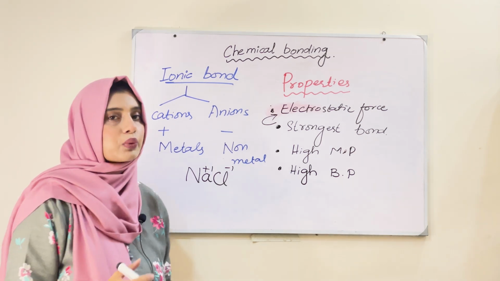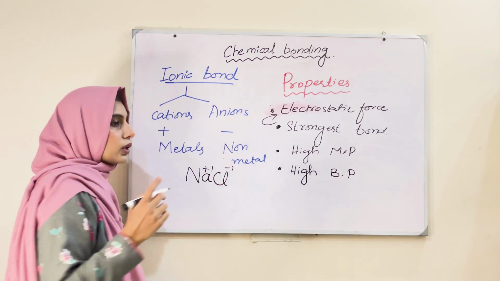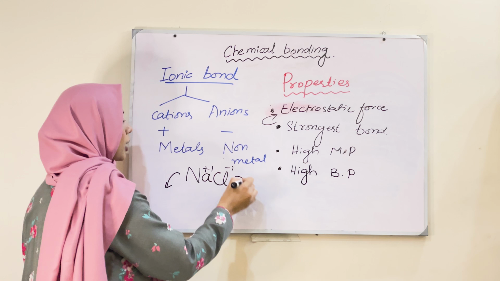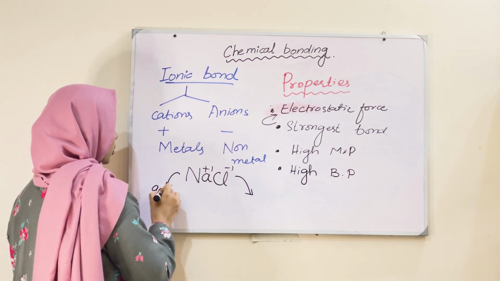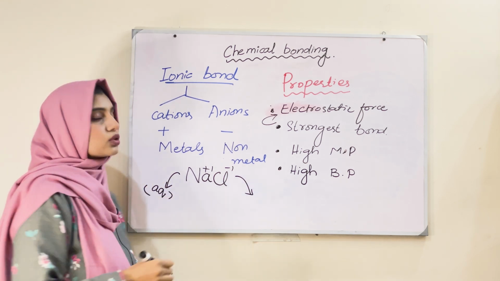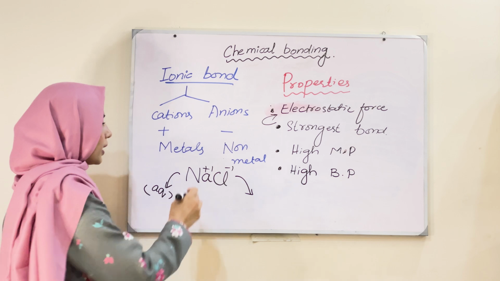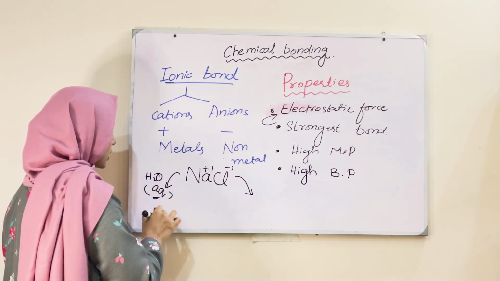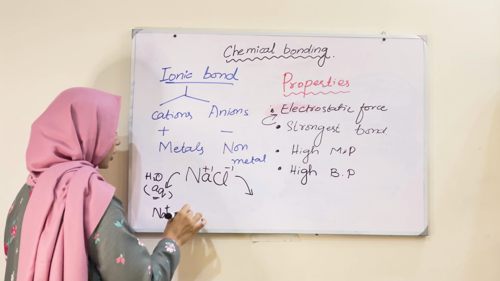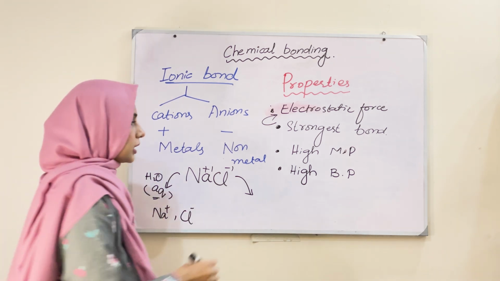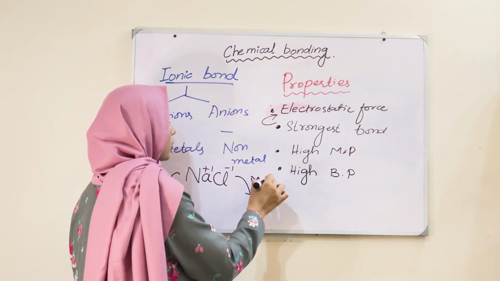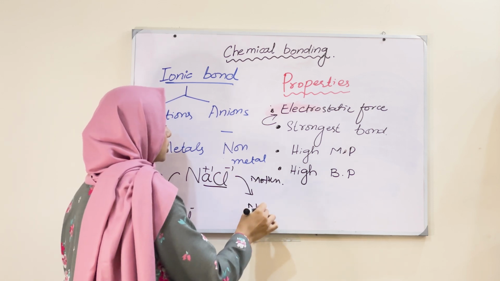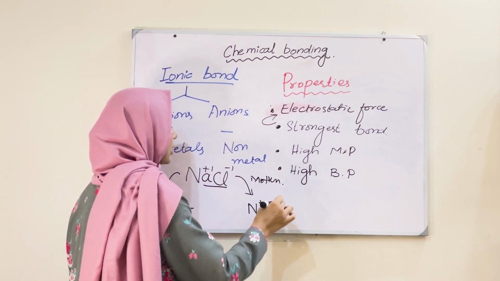But if the compound is in liquid state or molten state, aqueous state or molten state. Now what aqueous state and what molten state? Aqueous means dissolved in water. So when NaCl dissolved in water, it forms Na positive and Cl negative. And second situation is molten. When we are melting NaCl, it will be also Na positive and Cl negative.